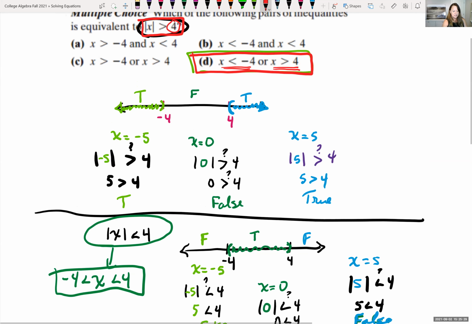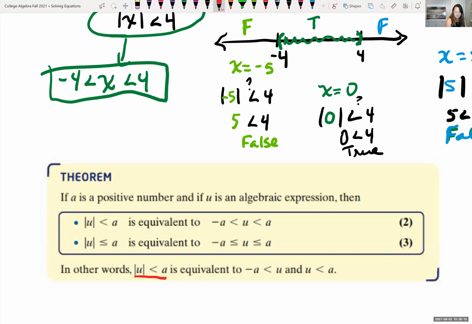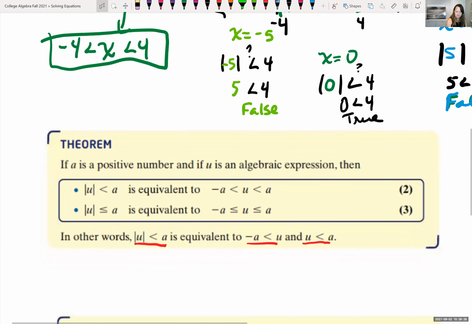We drop the absolute value and sandwich it in between: -A is less than or equal to U is less than or equal to A. Another way to say this is U is greater than -A and U is less than A. I tend to like to sandwich it, but it's the same thing.